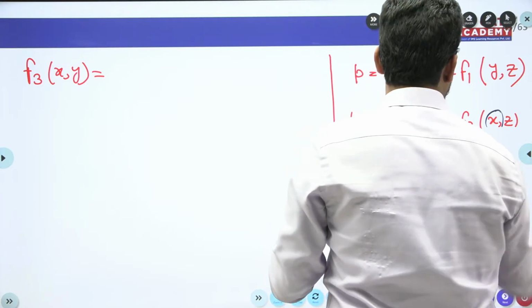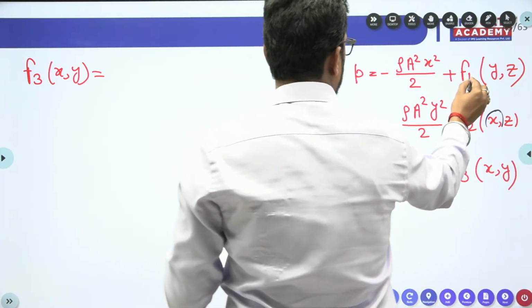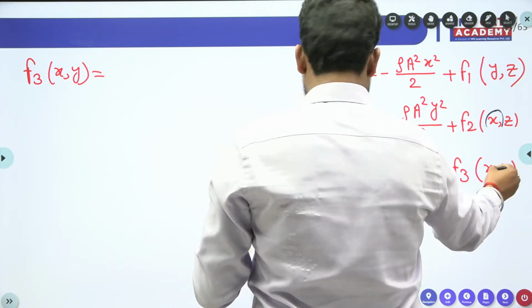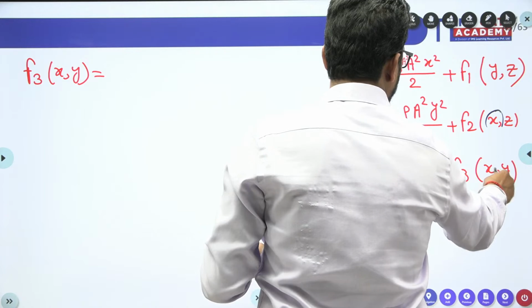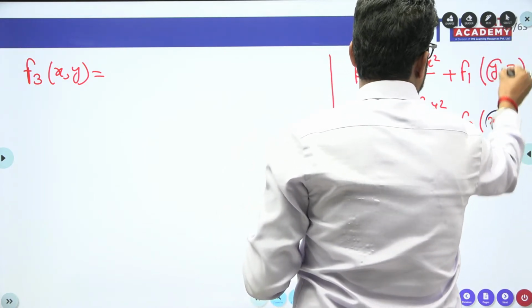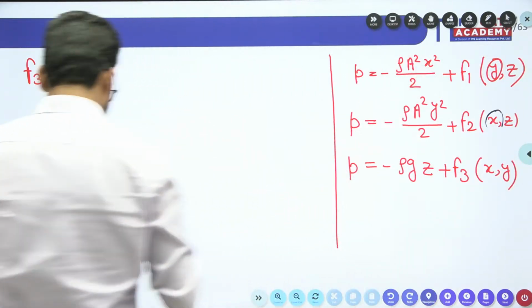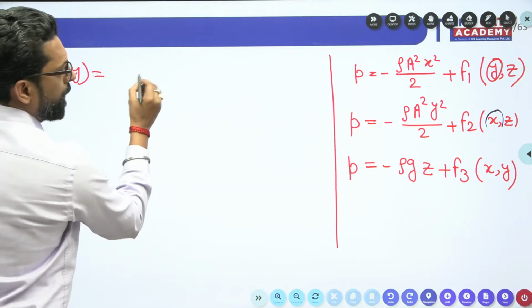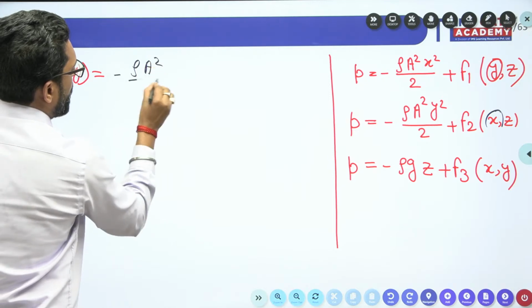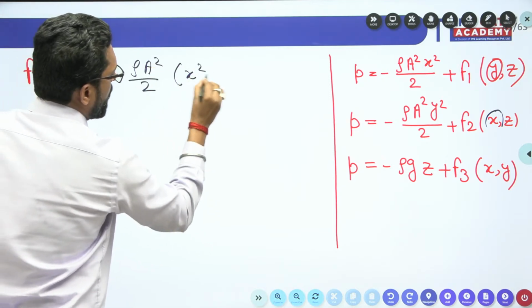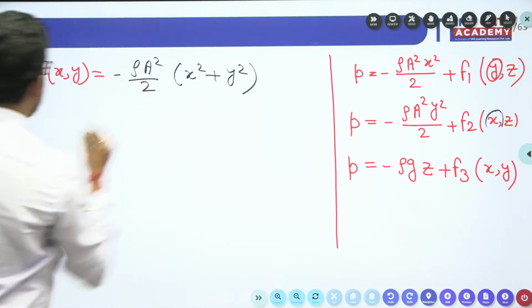Right. If we find F3 XY, X is there, Y is there. You take this one. So from here, minus rho A square by 2 X square plus Y square. This is your F3.